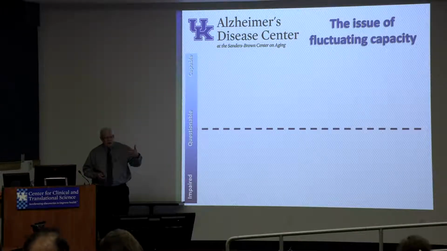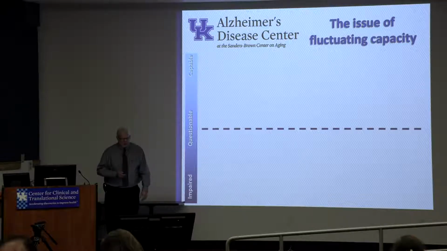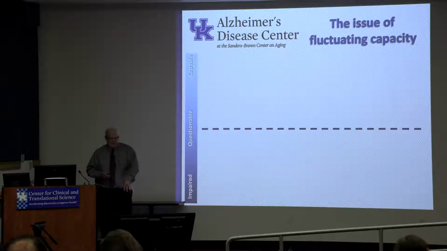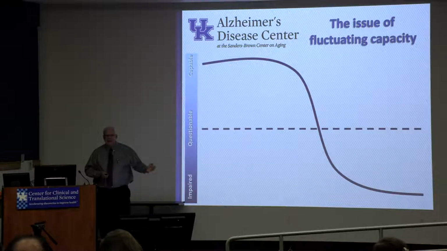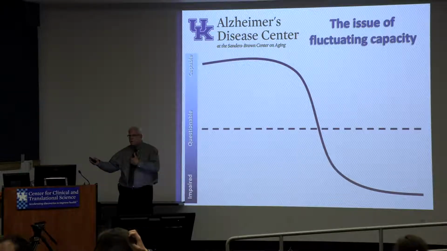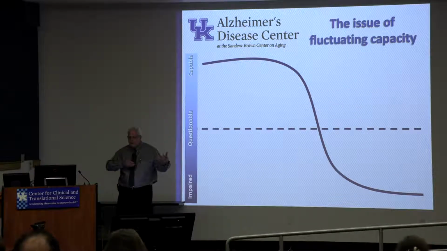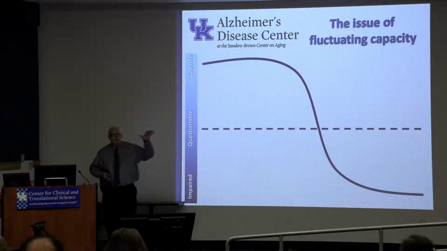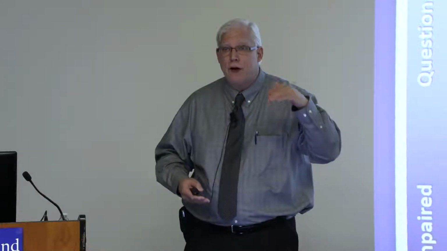So the issue of fluctuating capacity, to me, I find this fascinating. Everybody thinks it's a static thing. I see this in patients at times. So we could take my classic patient with Alzheimer's disease. We are following a large number of normal, elderly folks in the community, and they do fine, they're cognitively testing normal, they have full capacity, they've signed our consent forms, and then one day they show up in clinic and they're developing a little bit of a memory problem, starting to go downhill.